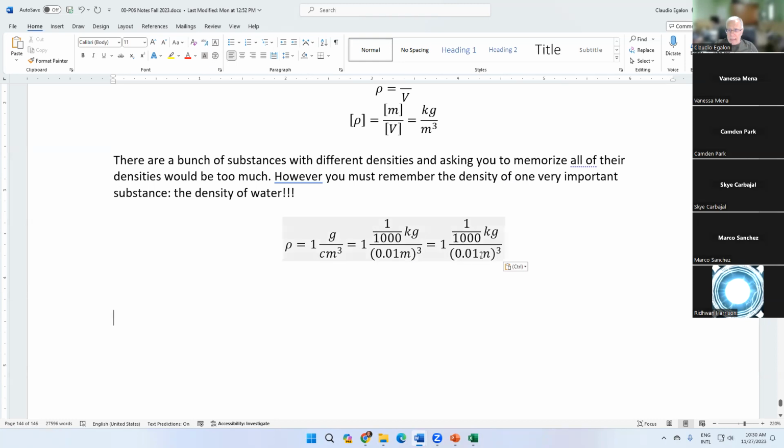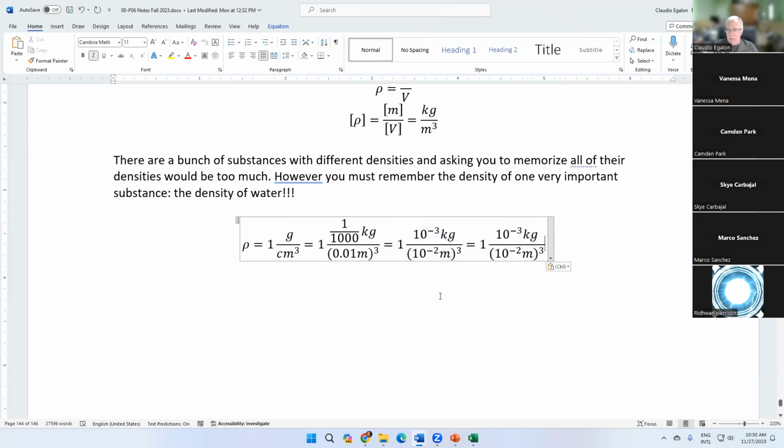And what do you get? 0.01 is 10 to minus 2, right? 1 divided by 1,000 is what? 10 to minus 3, right? Let's see what we get. At this point, you should know what you get, right? When I cube the 10 to minus 2, it becomes 10 to minus 6. The meter becomes cubic meter.